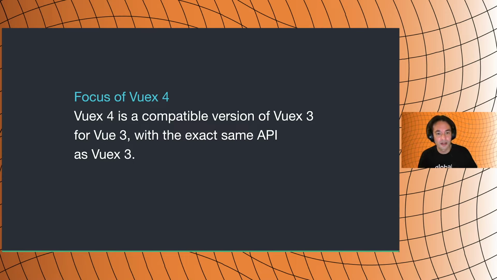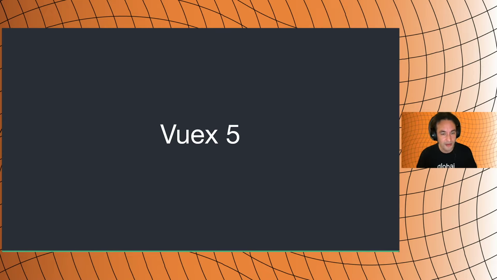In other words, there is no big change in Vuex 4 compared to Vuex 3, only it works with Vue 3. There are small breaking changes from Vuex 3, but it should be minimal, and it should be easy to update from Vuex 3 to Vuex 4. Please refer to the release notes of Vuex 4 if you're interested.